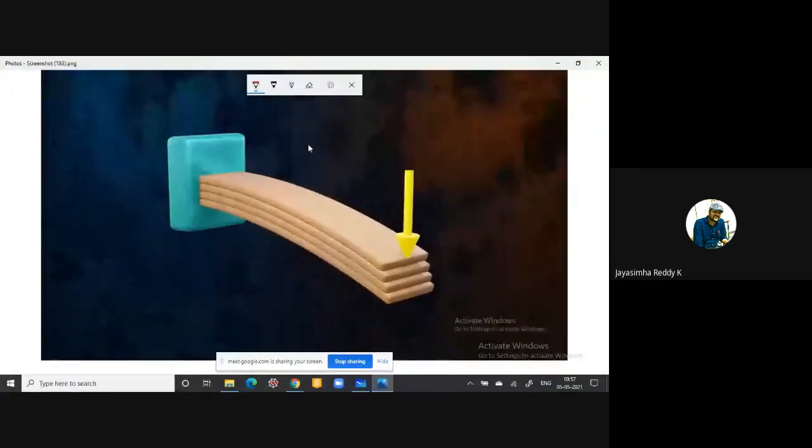Is it clear, students? If you apply a point load at this end, they will try to slide over each other. You can observe here, they are sliding over each other. This sliding we call shear stress. See, we have not glued them.